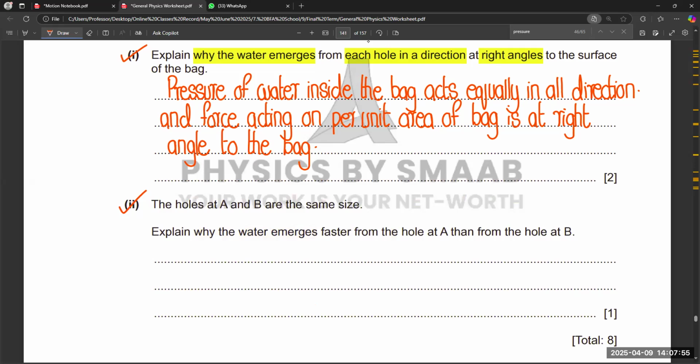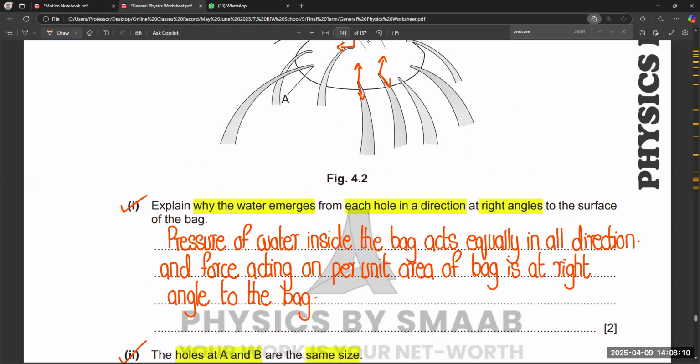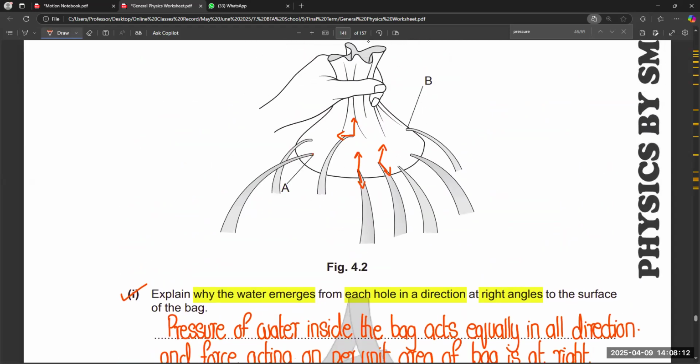And second part, the holes at part A and B are the same size. Explain why water emerges faster from the hole at A than at B. So A is at the bottom, B is on the top. So you can see water emerges with greater rate from A as compared to B. We know that this is related to liquid.